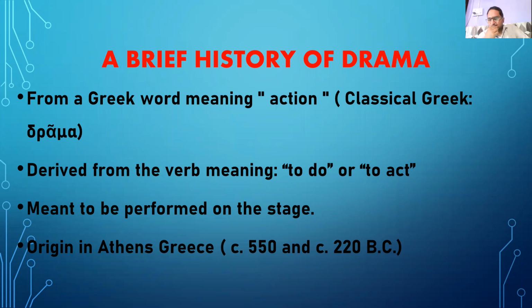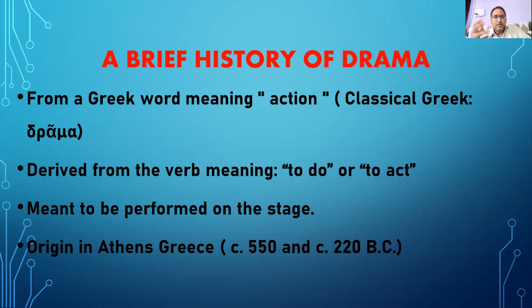Actually, our methodology of teaching drama is faulty. I mean, this is not correct. What is to be done? Drama is to be performed on the stage. If we are not able to perform the full drama in a classroom, at least one of the acts or one of the scenes or one of the small portions of that drama can be acted on the stage, like you do when you have a function in your colleges and universities.